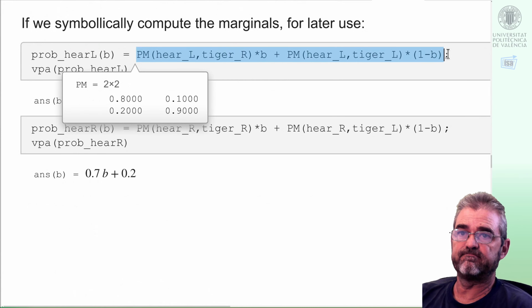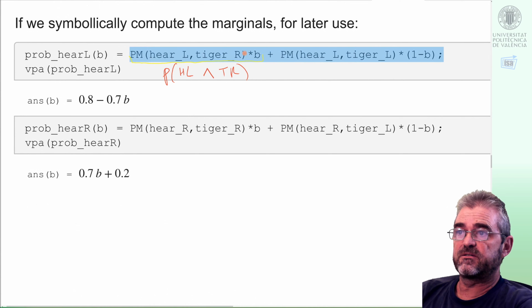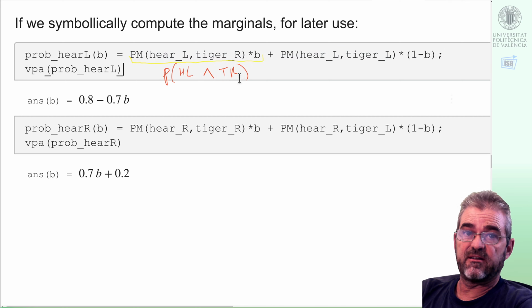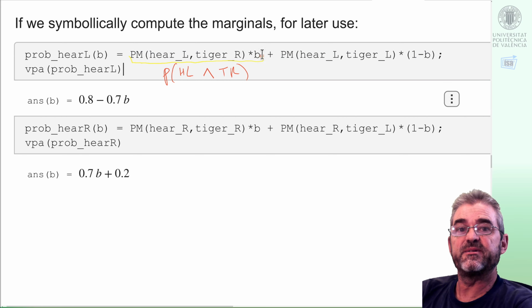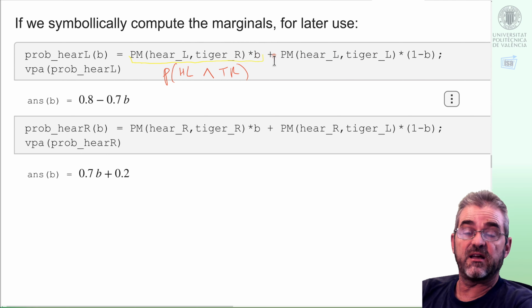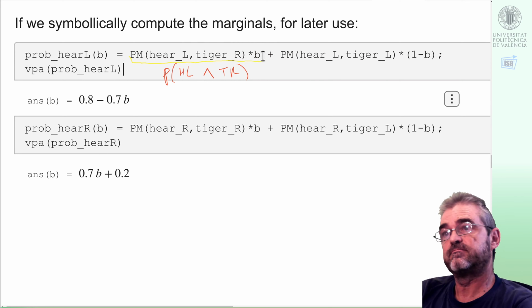Here we have it. This first term in the summation is the joint probability of hear left and tiger right. I am directly using the conditionals and the prior probability when closing the gate because those were the initial data I started the problem with.